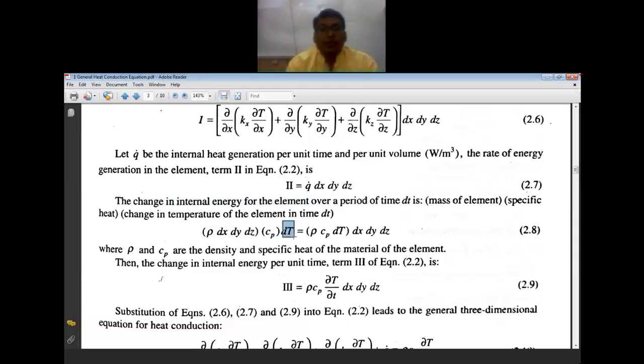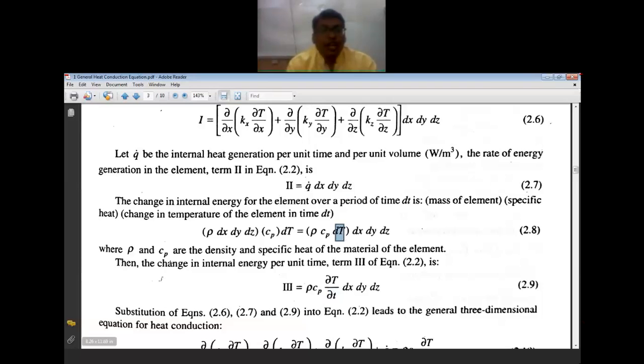Now the units of this will be only joules. So we are dividing it by the time to make the units watts. So rho Cp into dT upon dt, into dx dy dz.